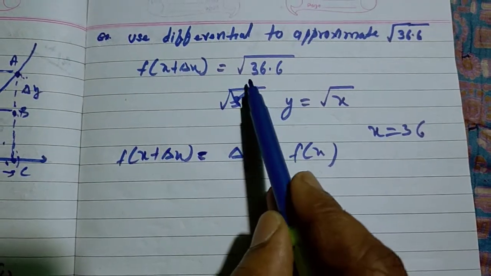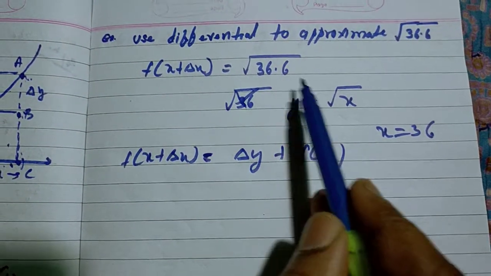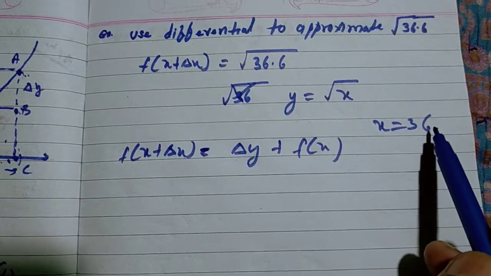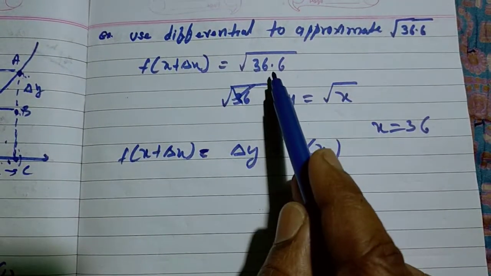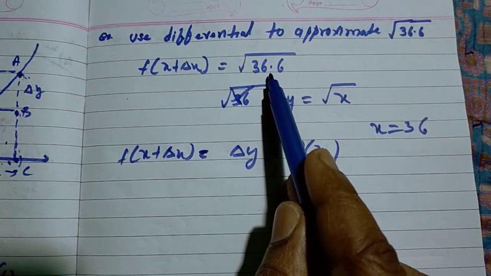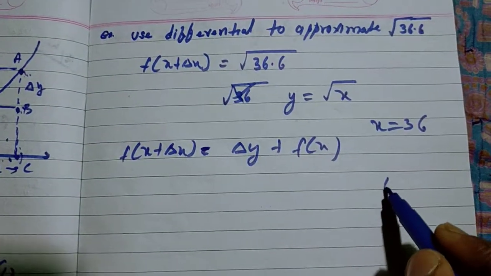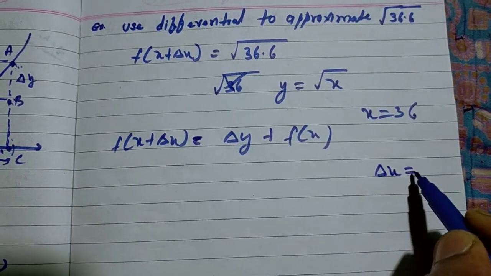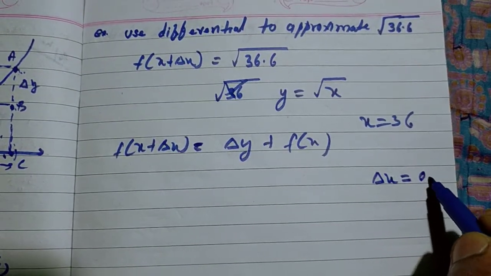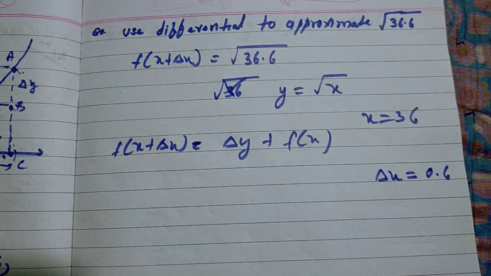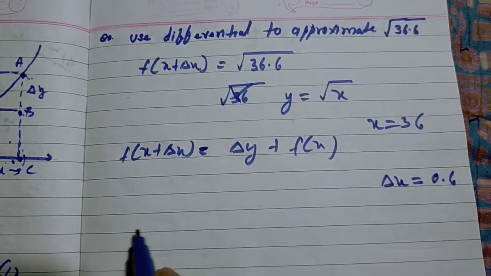Here given value is 36.6 and x value we have taken 36. So there is increment in x, that is 36.6. So what is delta x? So delta x, how much is the increment? 0.6. 0.6 is the increment delta x.